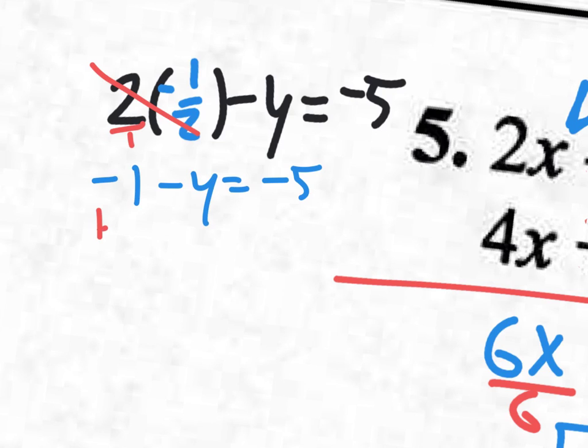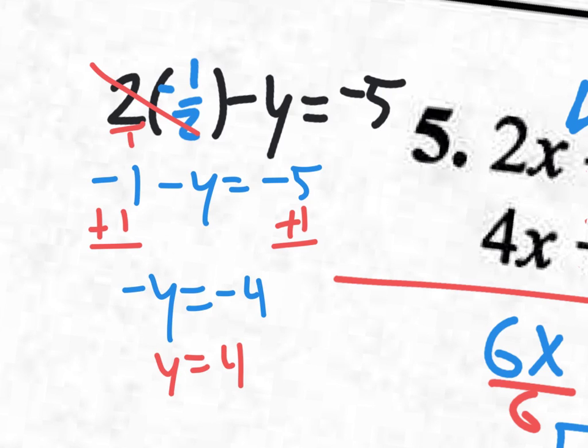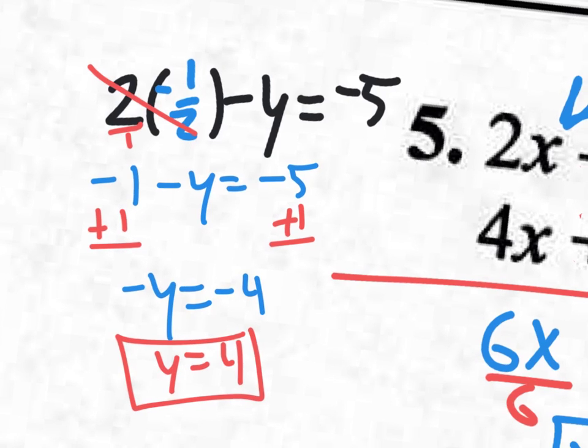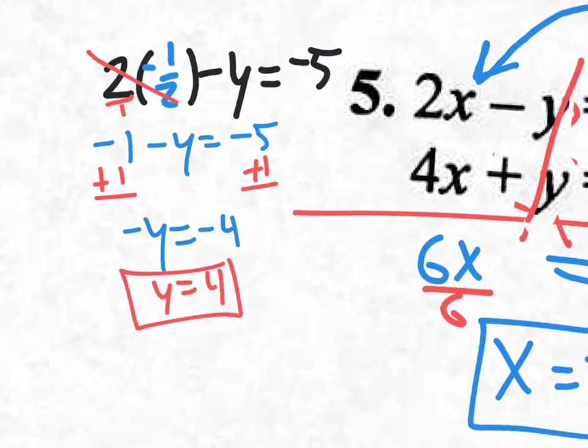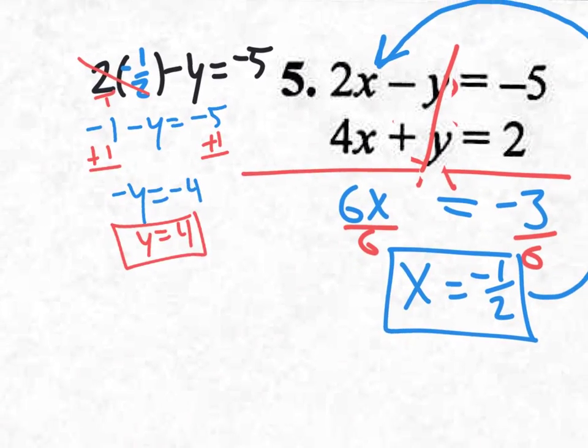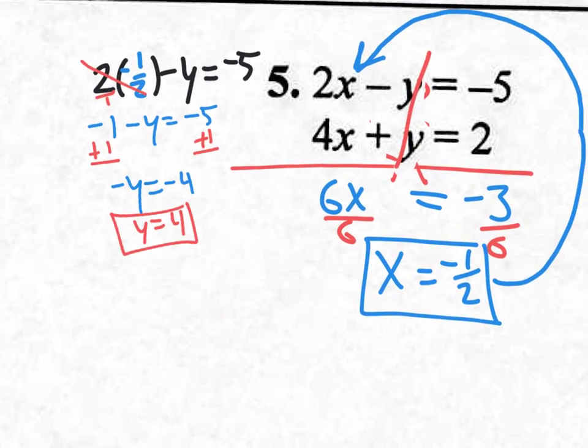And of course we're going to add 1 here, add 1 over here, and you will get negative y equals negative 4, which means your final answer is y equals 4. So we have our point of intersection, negative 1/2, comma, positive 4.